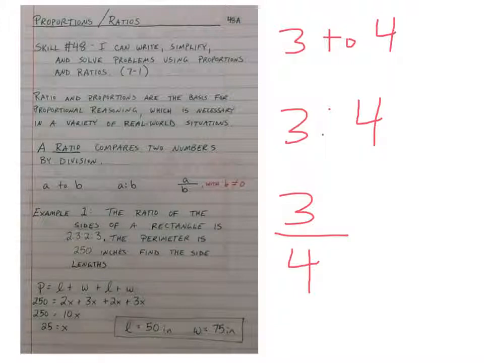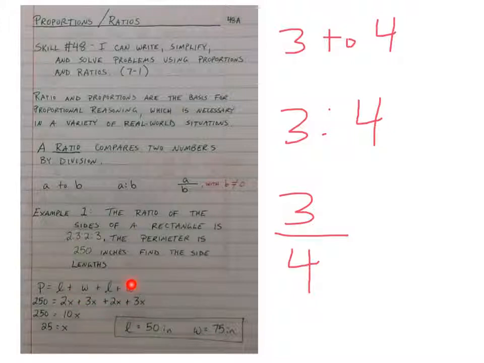The ratio can go further, as we see in example 1, which states the ratio of the sides of a rectangle is 2 to 3 to 2 to 3, and the perimeter is 250 inches. Find the side lengths. Well, we know that the perimeter of a rectangle is the sum of the four sides, or length plus width plus length plus width.